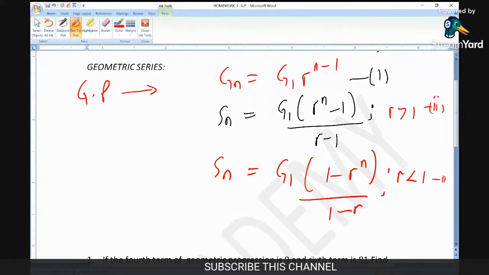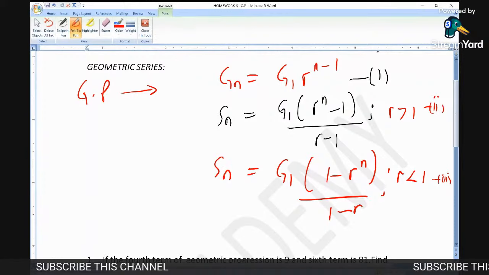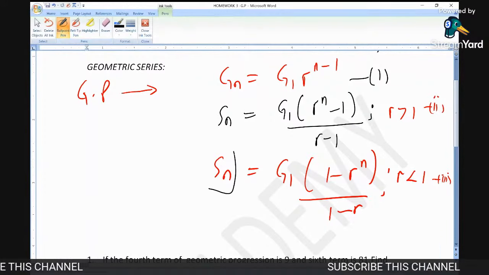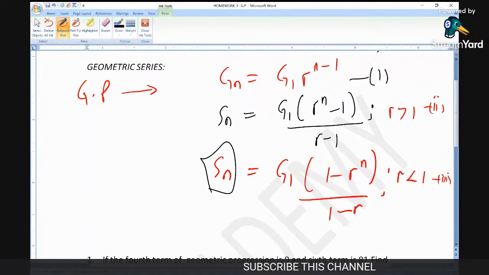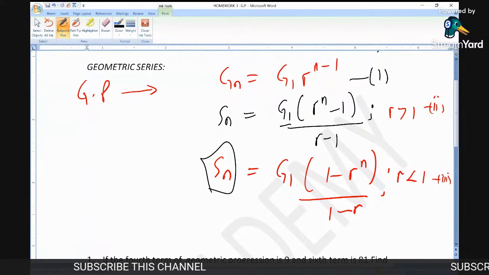You can say this is the third equation. We know that Sn is the sum of the first n terms of the geometric progression, G1 is our first term, and r is the common ratio.